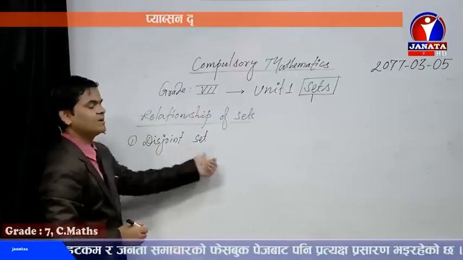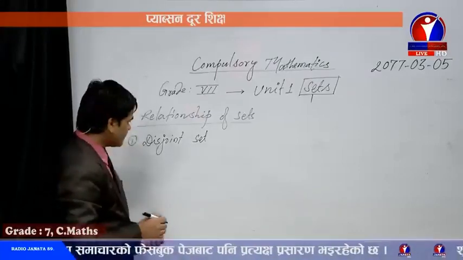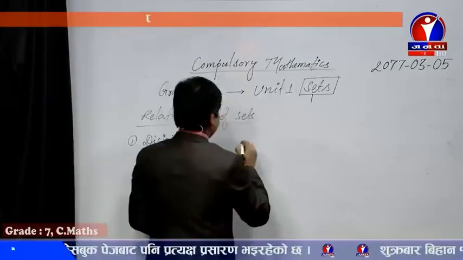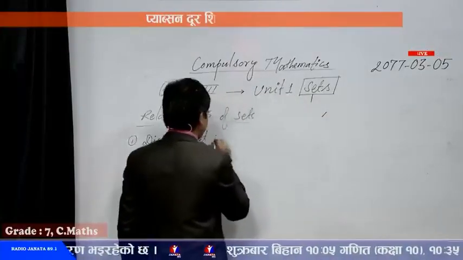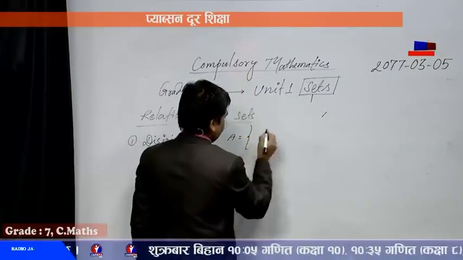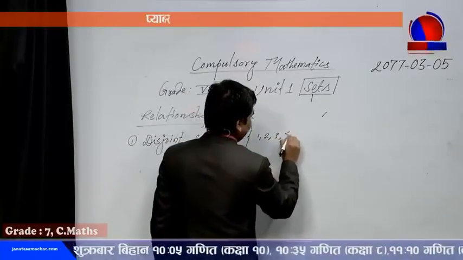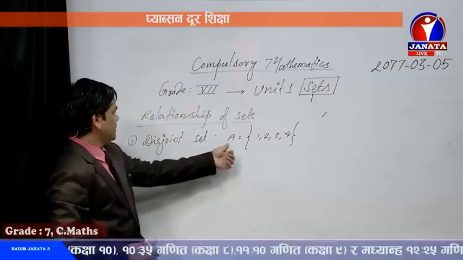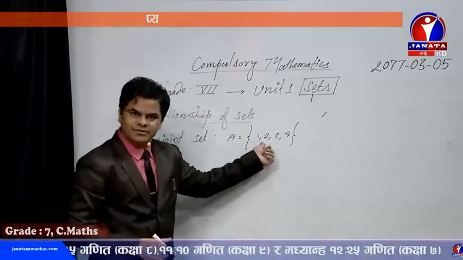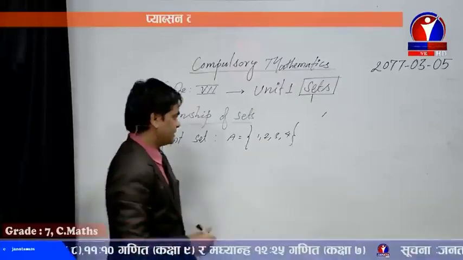What kind of relation is known as a disjoint relation? Let's take an example. A has elements 1, 2, 3, 4, up to 4. The same example of the past I have taken. A equals 1, 2, 3, 4. Up to 4 only I have taken, sorry.